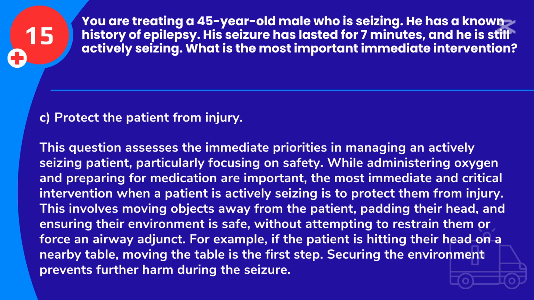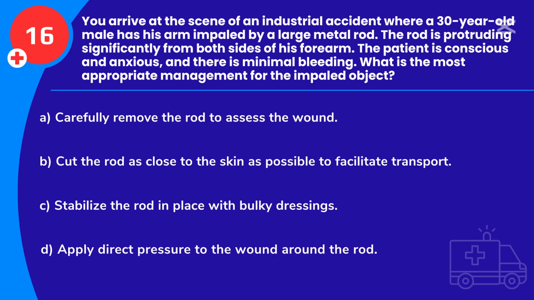This involves moving objects away from the patient, padding their head, and ensuring their environment is safe, without attempting to restrain them or force an airway adjunct. For example, if the patient is hitting their head on a nearby table, moving the table is the first step. Securing the environment prevents further harm during the seizure.